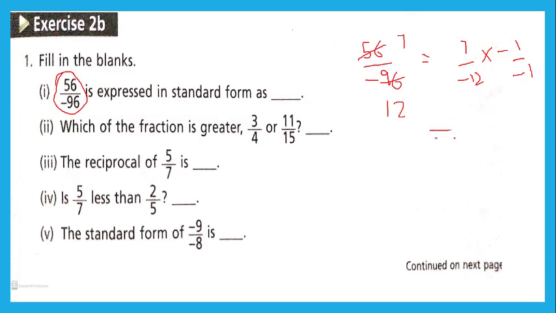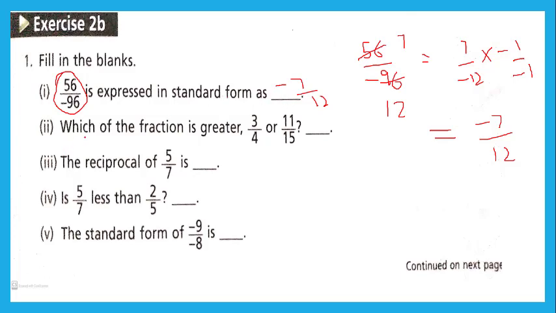When we multiply 7 with minus 1, it becomes minus 7, and when we multiply minus 12 with minus 1, it becomes plus 12. So now you can see that the denominator is positive. So in this blank we will write minus 7 by 12. This is the answer for the first part.